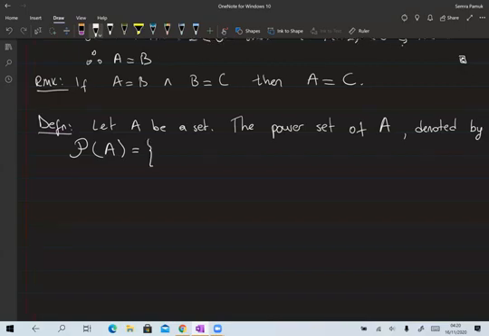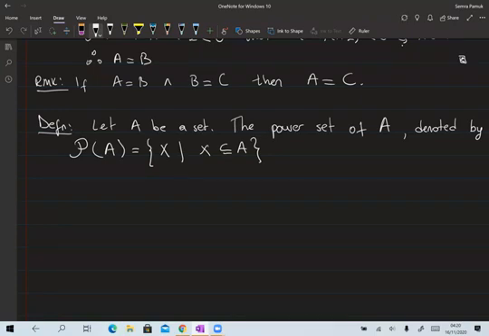It is the set that contains sets which are subsets of A. So all subsets, the set consisting of all subsets of A, right? And this is a set and it is called the power set.